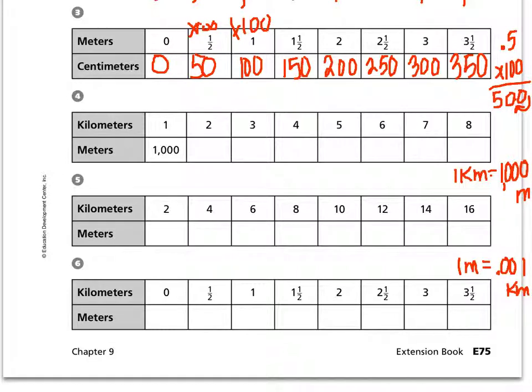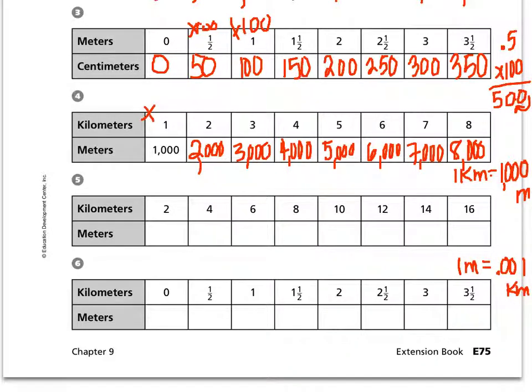Using that information, I'm going to start converting for number 4. I know that 1 kilometer equals 1,000 meters, so 2 would be 2,000, 3 would be 3,000, 4 would be 4,000, and so on. I got those answers by multiplying the kilometer side by 1,000.